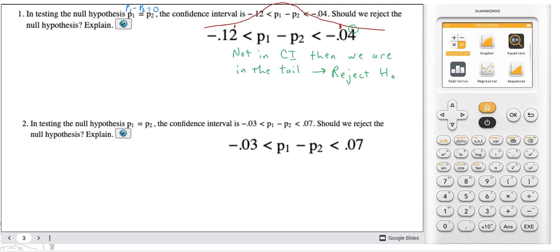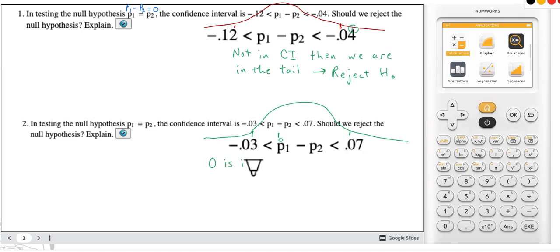Now we're back. Hopefully you did pause. So what's the deal here? Well, where is 0? Well, here's negative 3% and positive 7%. 0 has to be in between a negative number and a positive number. So again, if we draw our normal curve, here's our boundary. Here's -3%. Here's +7%. Zero is going to be somewhere in here, probably a little bit closer over here. So here's 0. 0 is in the confidence interval.